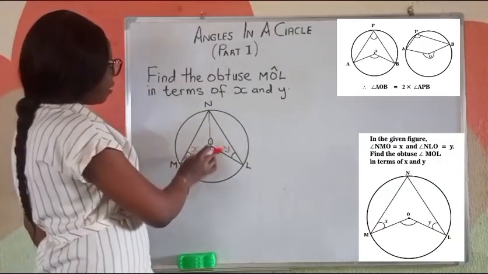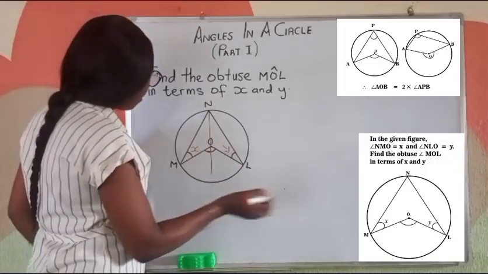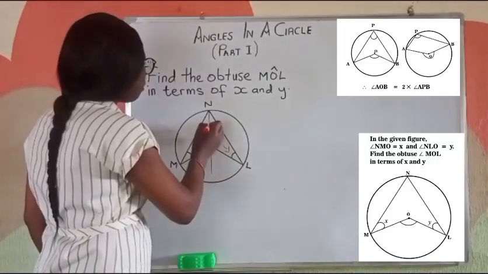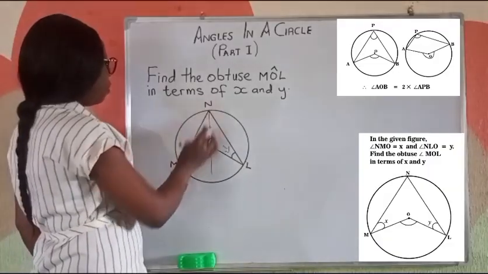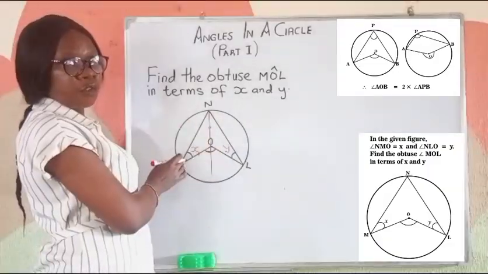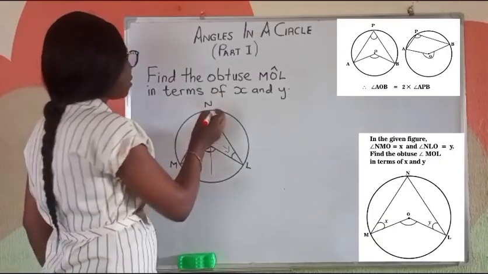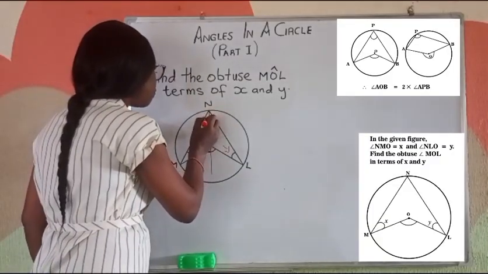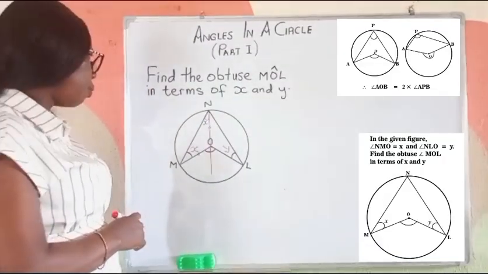Since this is a circle and the line starts from the center of the circle, it means that this line here is equal to this line here. So this triangle MNO is an isosceles triangle. If it is an isosceles triangle, the angle here X is also equal to the angle here. Base angles of isosceles triangles are equal.